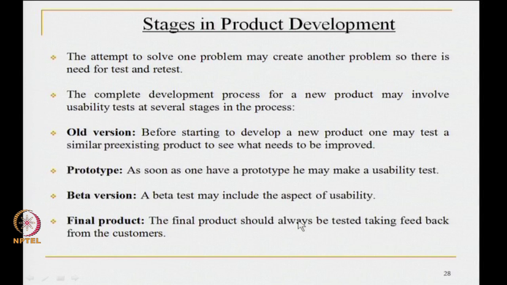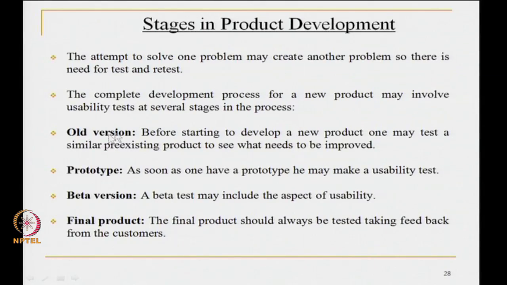Now, this will have to be integrated with stages in product development. I would like to draw your attention to the need of referring to old versions, the prototypes, the beta versions, the final product issues and management of products, which are important, but which are not central to understanding how man-machine interface or interaction is positioned.